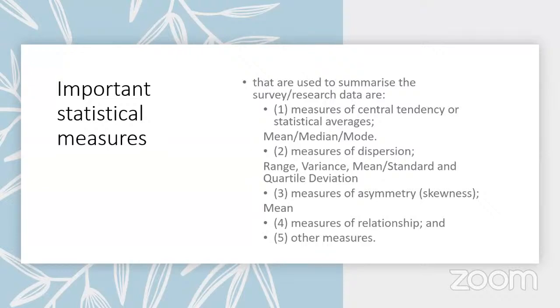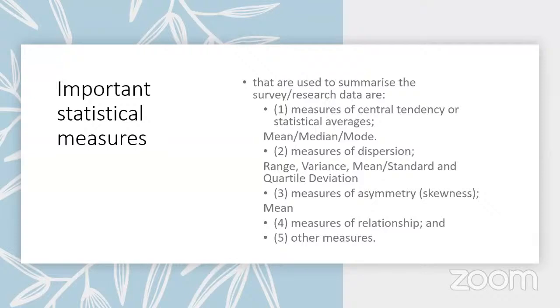And then measures of asymmetry, where we talk about skewness or kurtosis. Then measures of relationship, if you want to find the relationship between the variables, how strong they are, whether they are related positively or negatively, or there is no relation. There are other such measures also, but we should know that these statistical measures are required to understand, at a minimum, the background work done for any research.